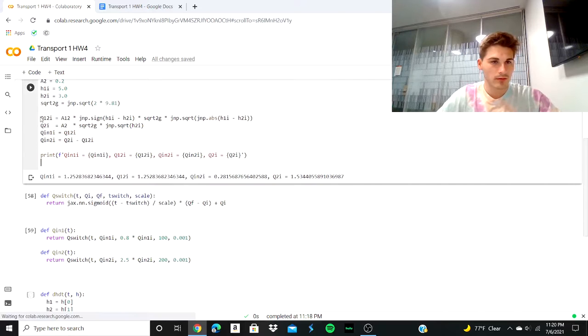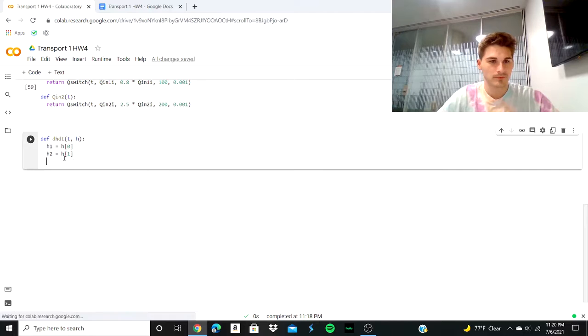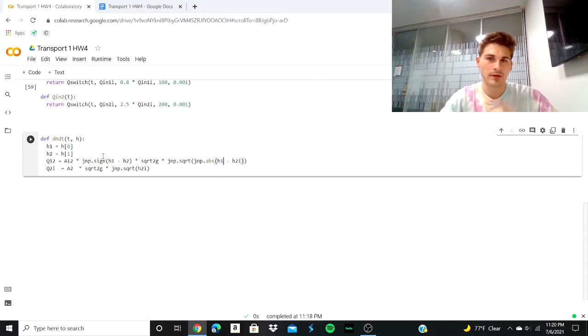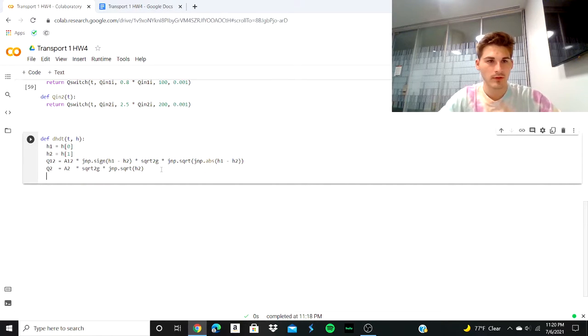So we can take these two equations here, except we can get rid of the I, because of course we are no longer using the initial values, and it's only using initial values of height, right? Well, in this function, we're assuming we've been given a height, and so we can find the flow rates across heights and across time between the two tanks and leaving the second tank.